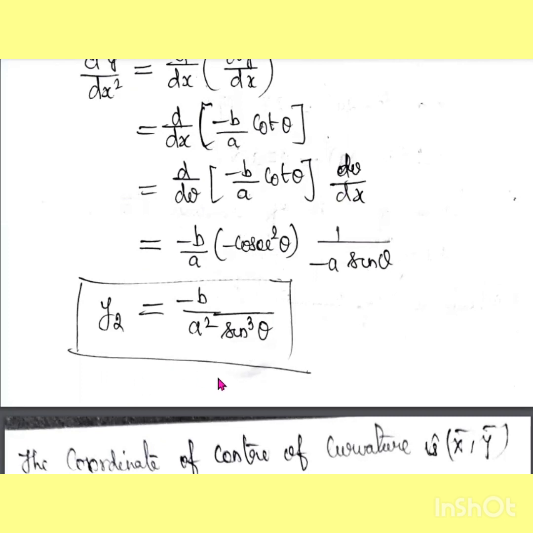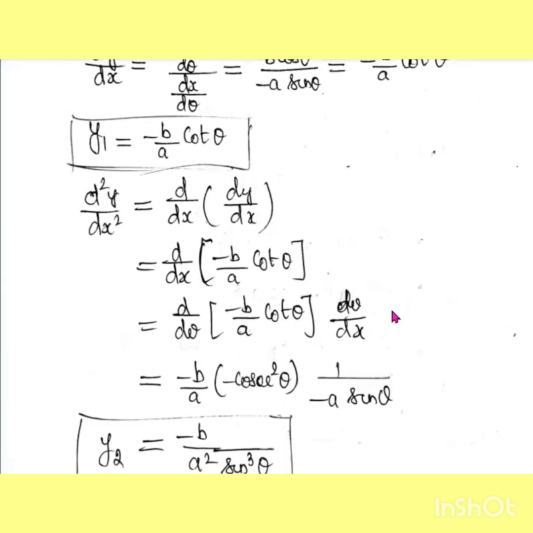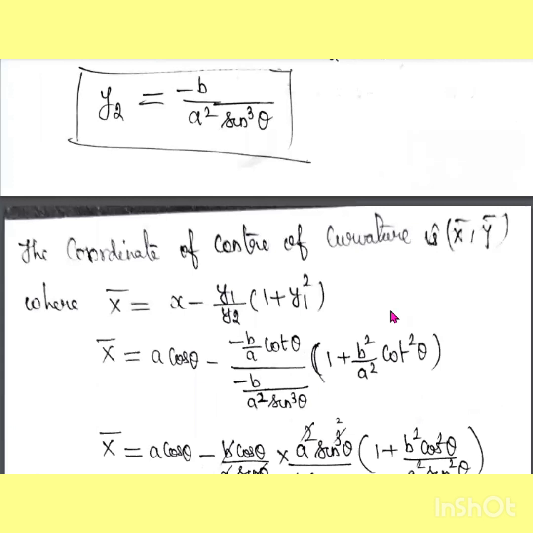So y2 is equal to minus b divided by a square sin cube theta, because minus cosecant square theta can be written as minus 1 divided by sin square theta. So y1 is equal to minus b by a cot theta, and y2 we have got.